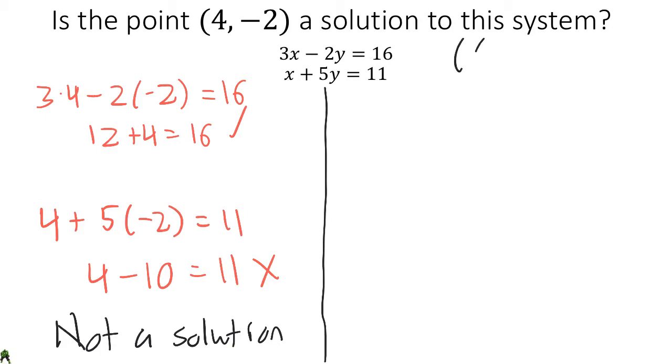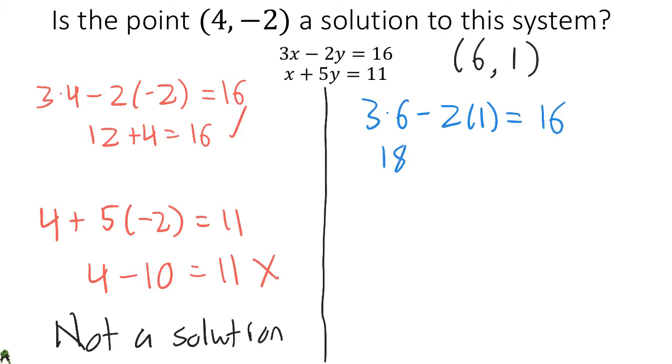How about (6, 1)? Let's test that one the same way we tested (4, -2). So we'll take 6 and plug it in for x, and 1 and plug it in for y. 3 times 6 minus 2 times 1 equals 16. Well, 3 times 6 is 18, and 2 times 1 is 2. 18 minus 2 is 16.